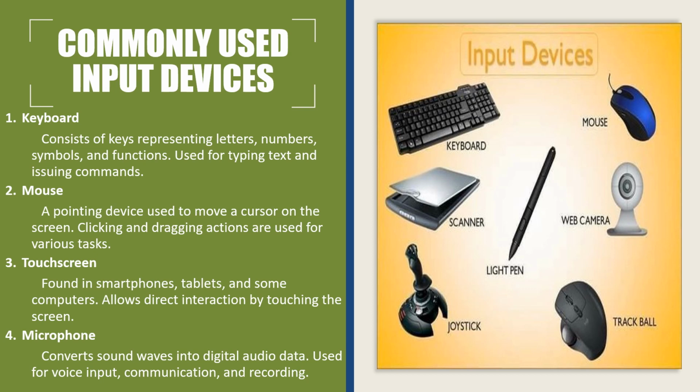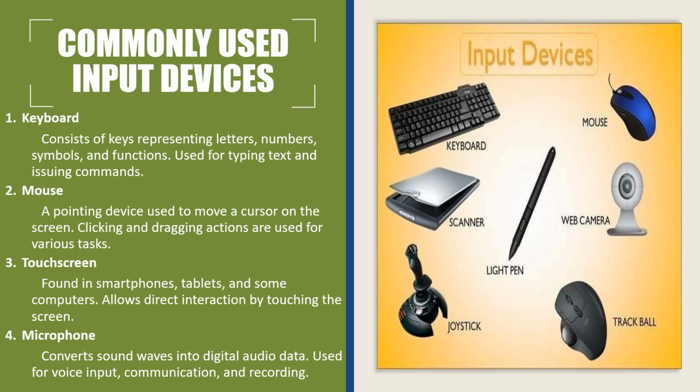A keyboard consists of keys representing letters, numbers, symbols, and functions used for typing text and issuing commands. The commands can be in the form of written instructions and statements, and they can be in the form of pictures also. You can insert pictures too, but not from the keyboard.